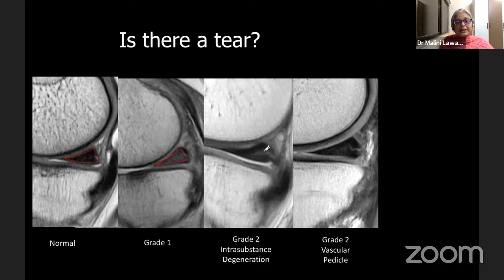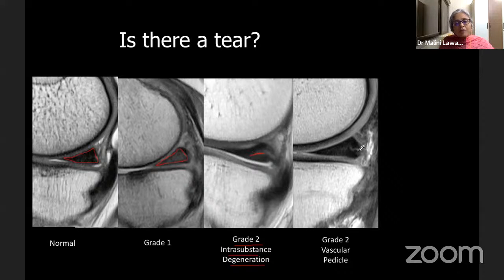If you see linear hyperintense signal, like we can see here, that is grade 2 signal, which could be due to intrasubstance degeneration within the middle perforating bundle, and it does not reach the articular surface.